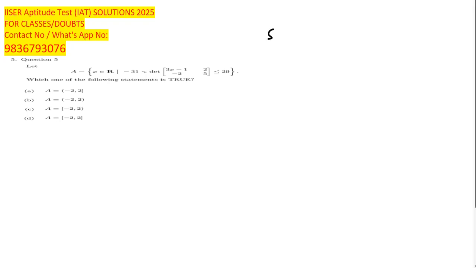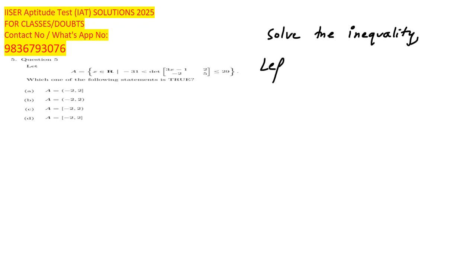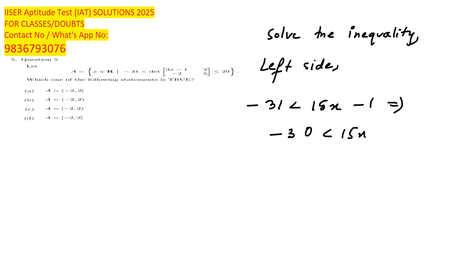Solve the inequality. So left side: minus 31 less than 15x minus 1, or minus 30 less than 15x, or x greater than minus 2.